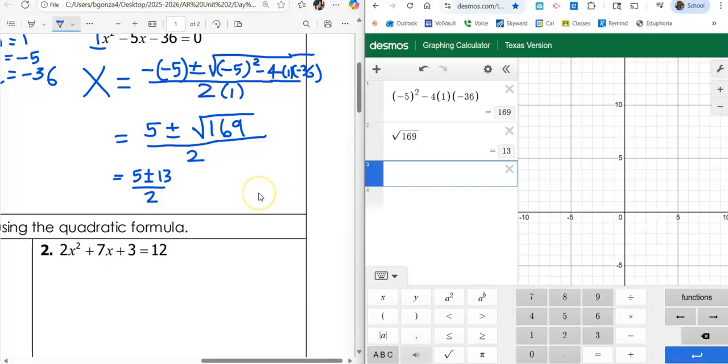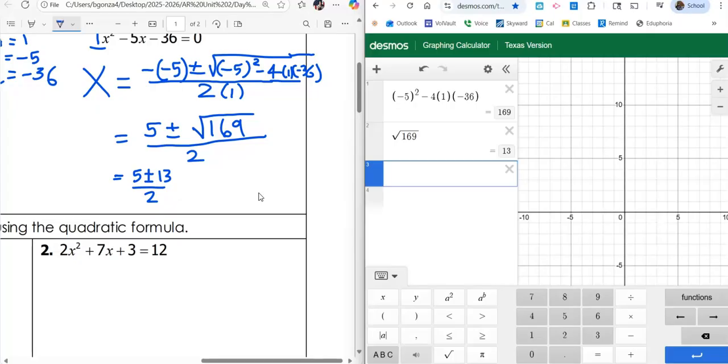Since this is brand new and very important, you need the two answers, okay? So remember, there's two answers. One answer you're going to do plus, and one answer you're going to do minus, okay? So you can type them both in over here.